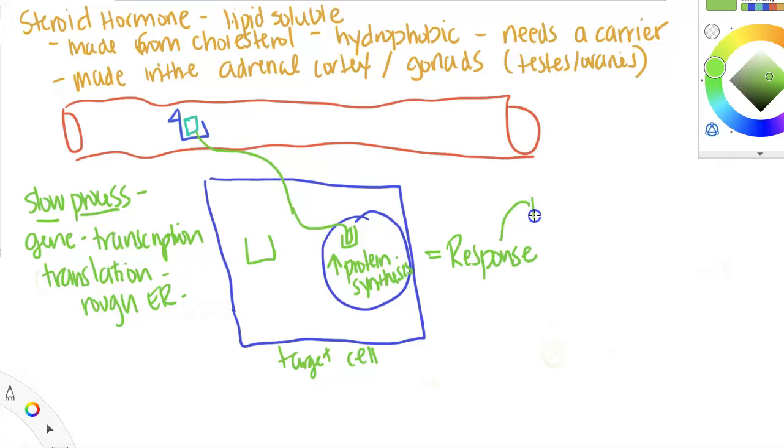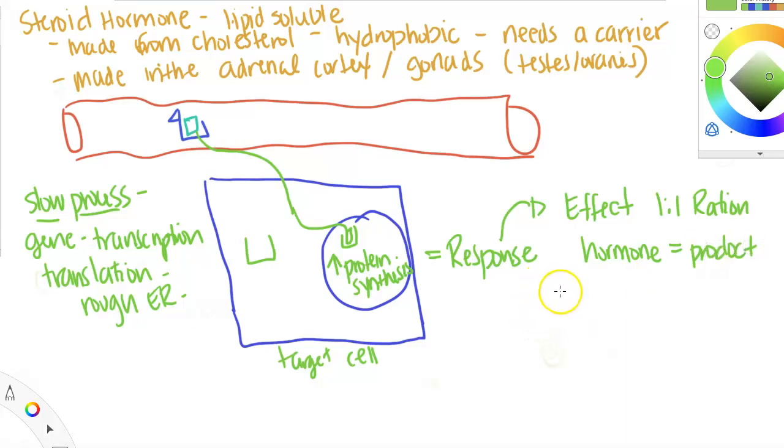The effect has sort of a 1-to-1 ratio between the hormone and the product.